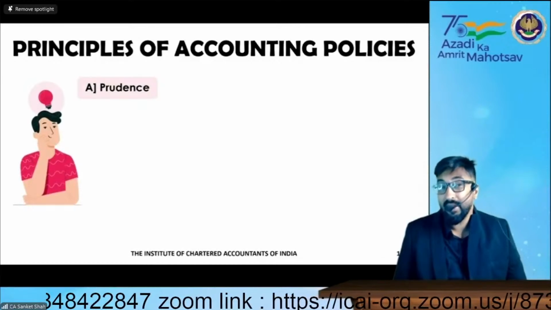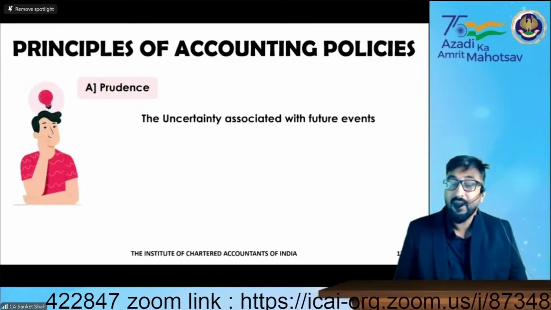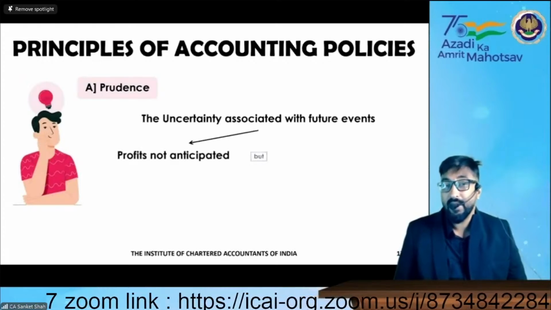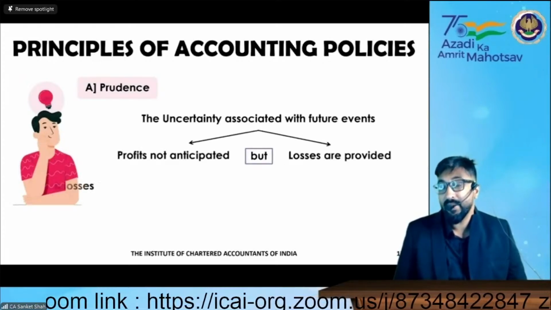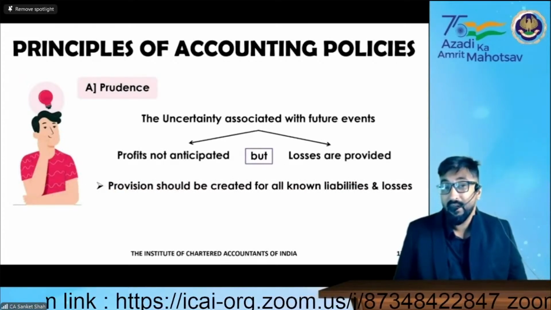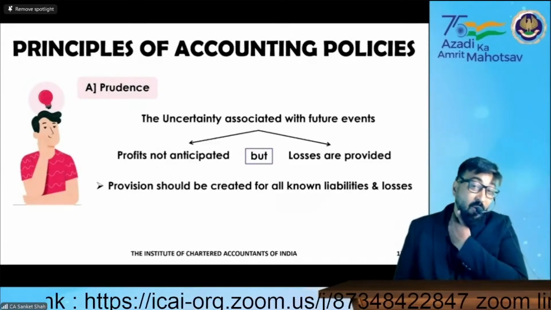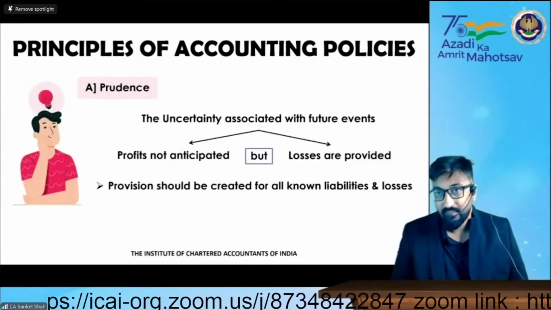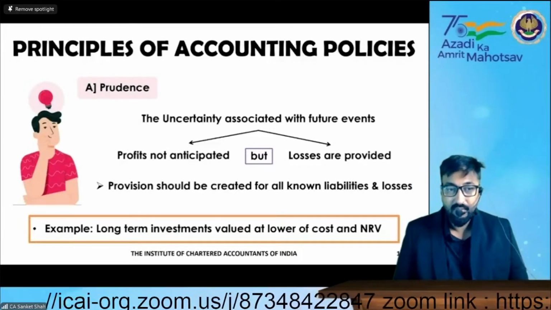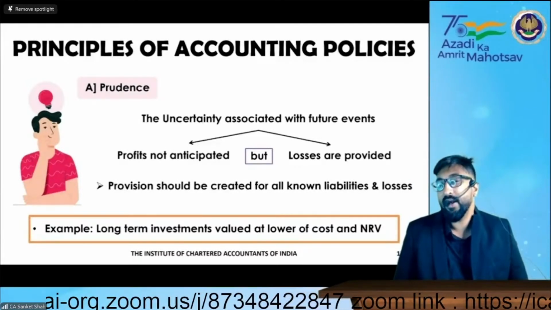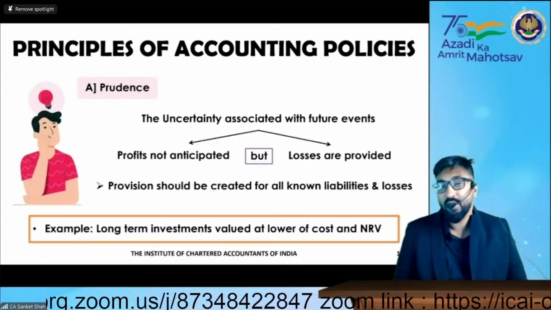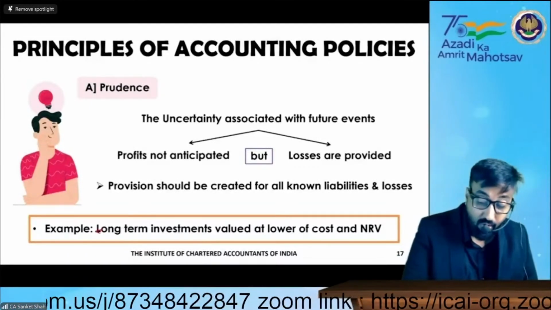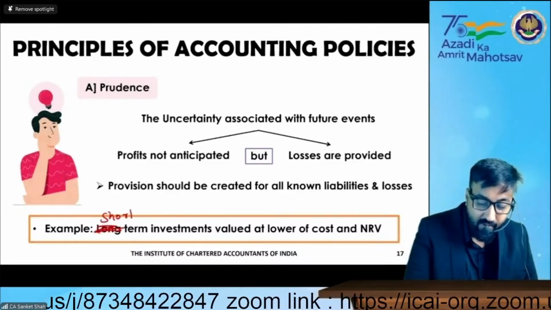Now, in technical words, the risk of uncertainty associated with future events: profits are not anticipated, but losses have to be provided. So provision should be made for all liabilities and losses. Long-term investment should be recorded at cost, and short-term investment, wrong, huh? यहाँ पे गलत हुआ है.